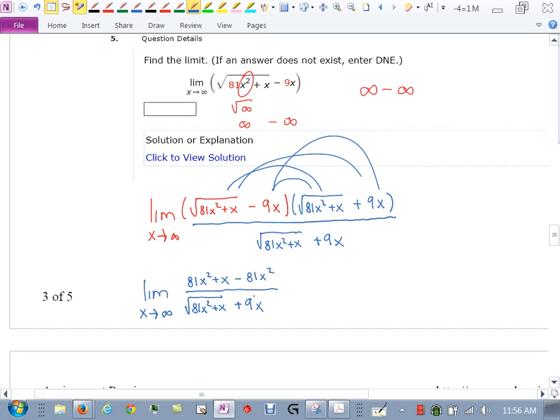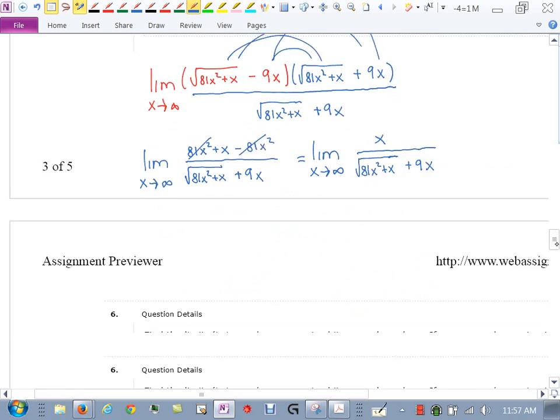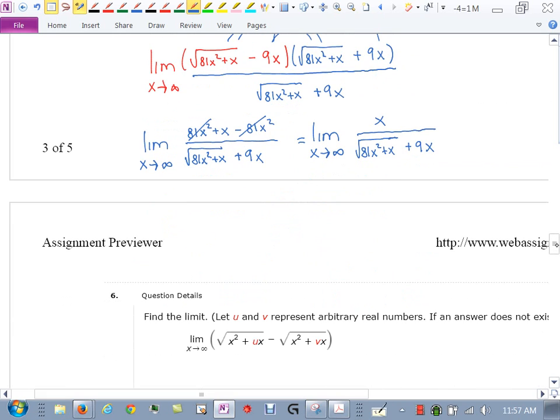And at this point, this 81x squared and this 81x squared cancel, which leaves me with this limit, x over square root 81x squared plus x, and then plus 9x.